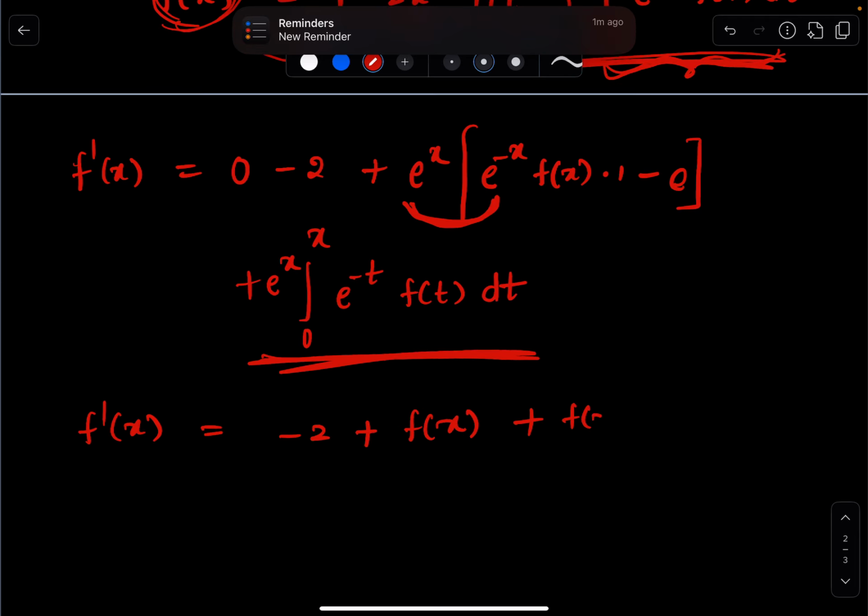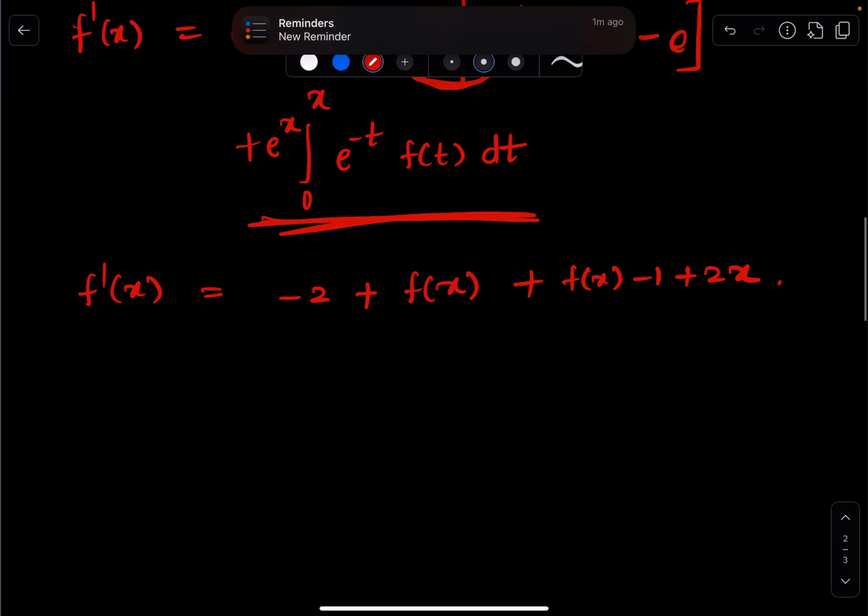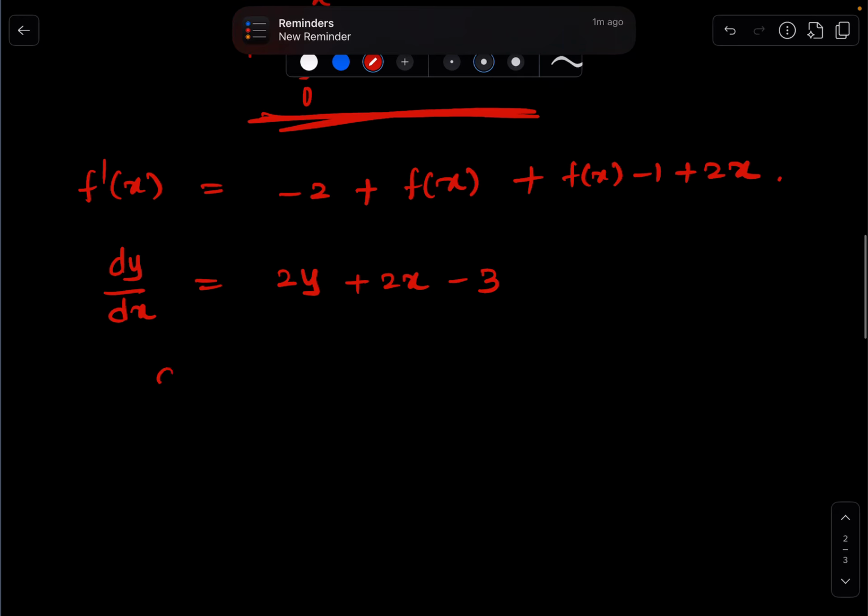Alright, if you say your f of x is y, so this is your dy by dx. This is equal to 2y plus 2x minus 3. So dy upon dx minus 2y is equal to 2x minus 3.